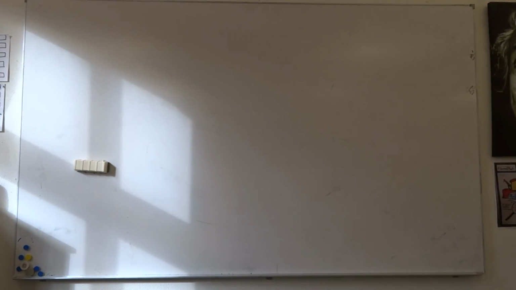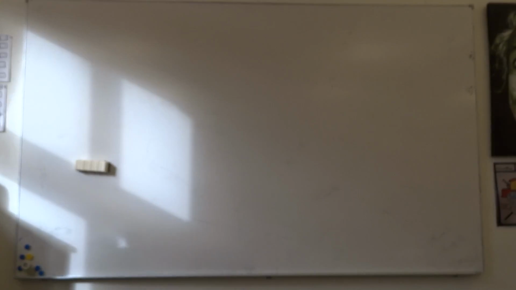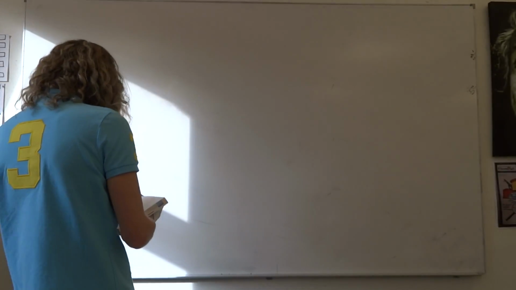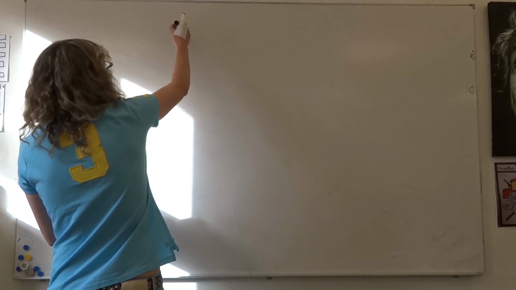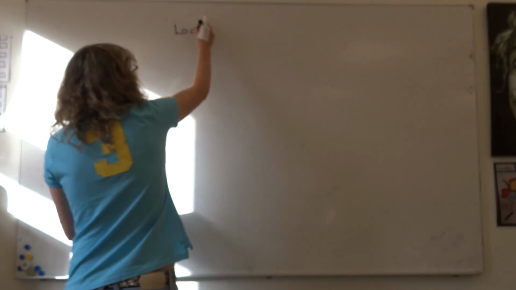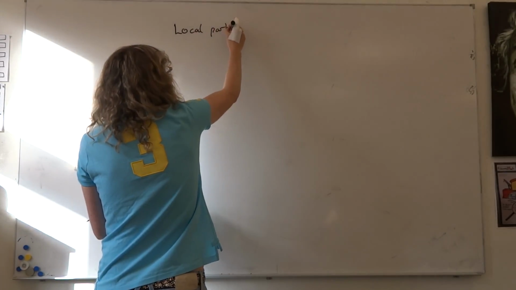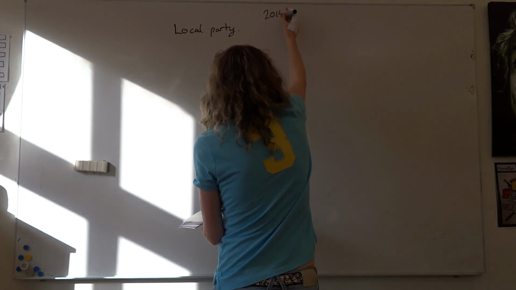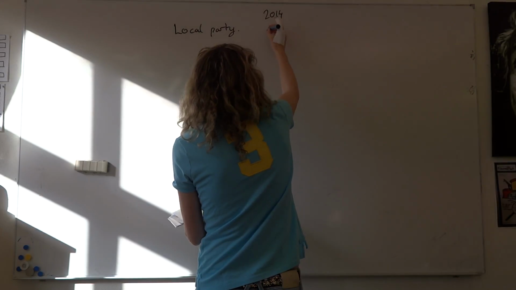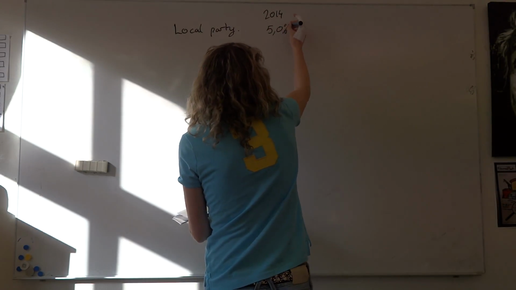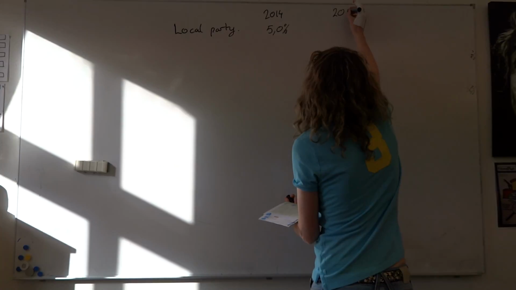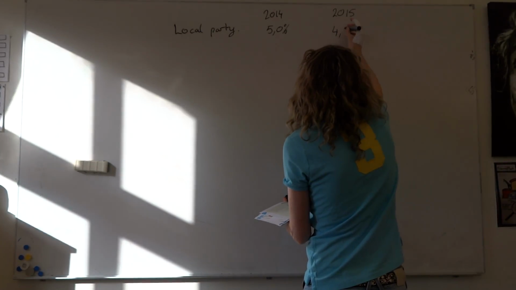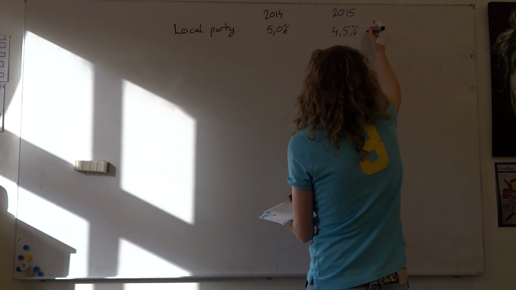Right, the next question was about a local election, and they called the party that got elected the local party. Last year, let's say 2014, they had 5.0% of the votes, and in 2015 they only had 4.5% of the votes.